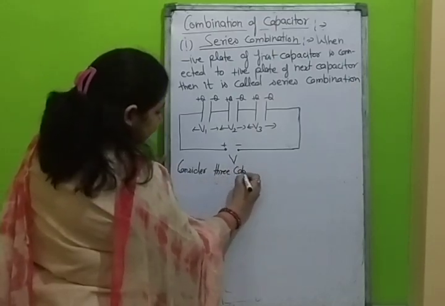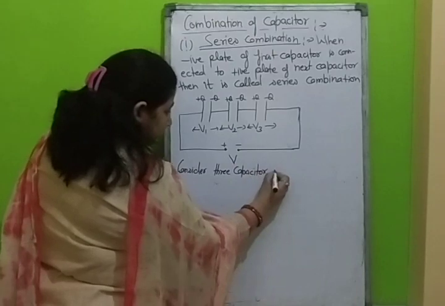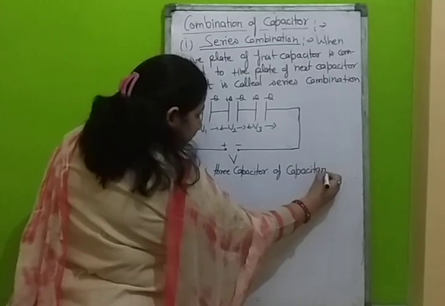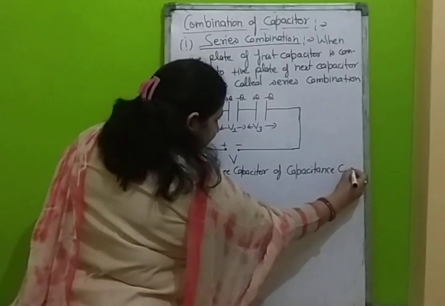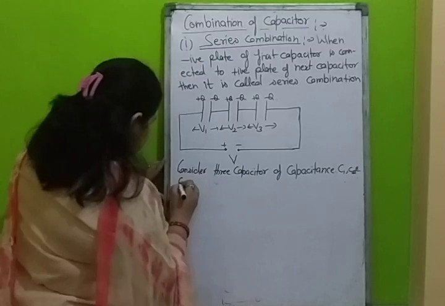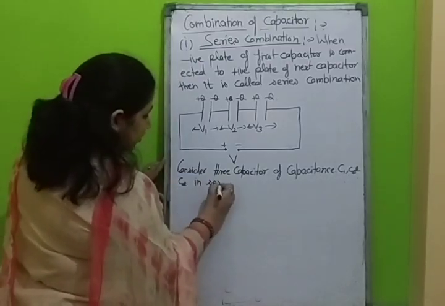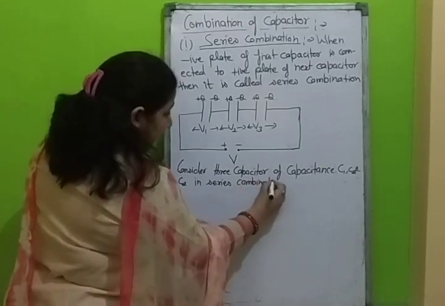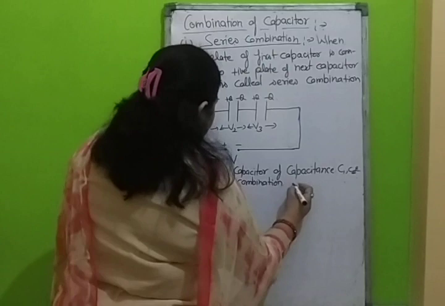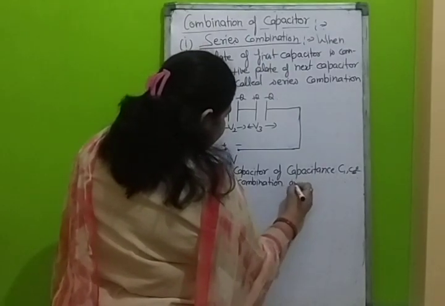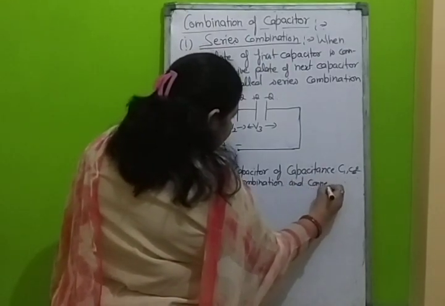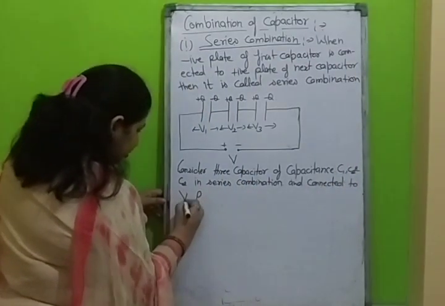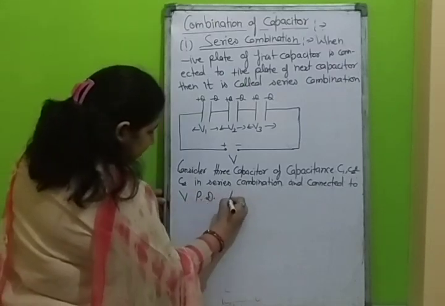Now consider three capacitors of capacitance C1, C2 and C3 in series combination and connected to V potential difference.